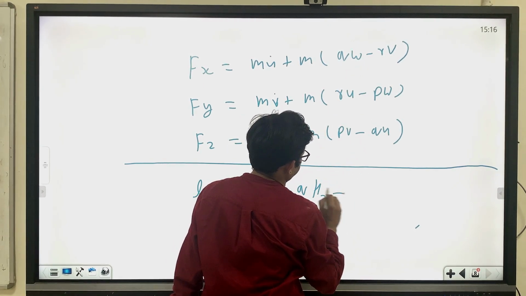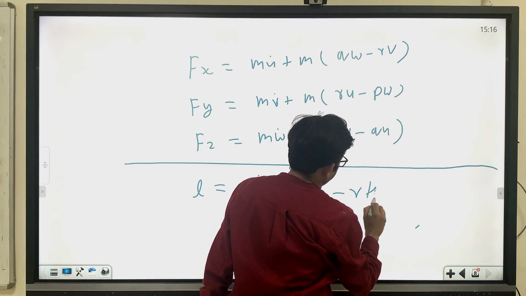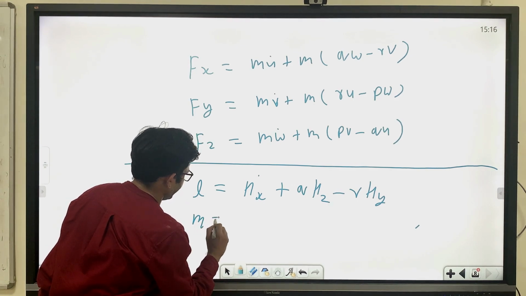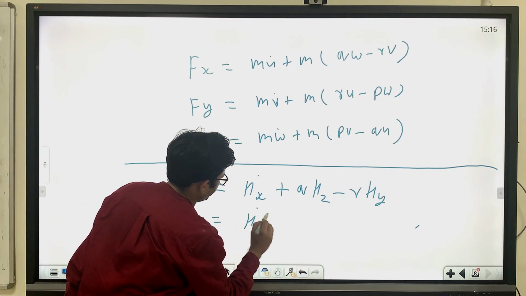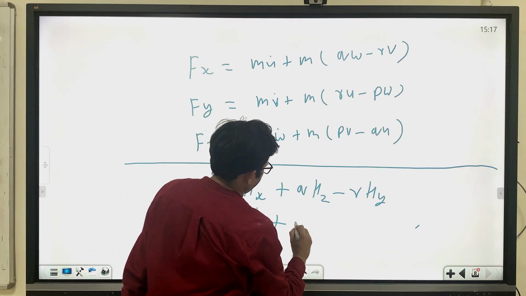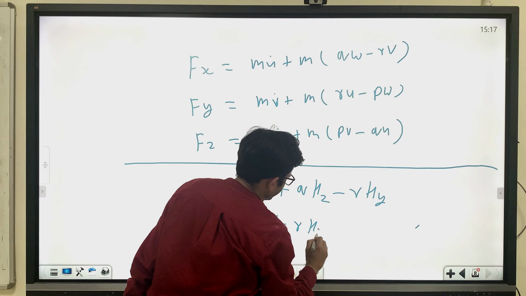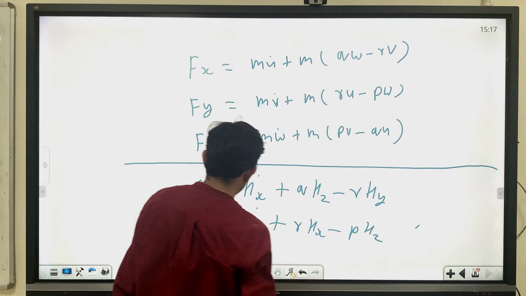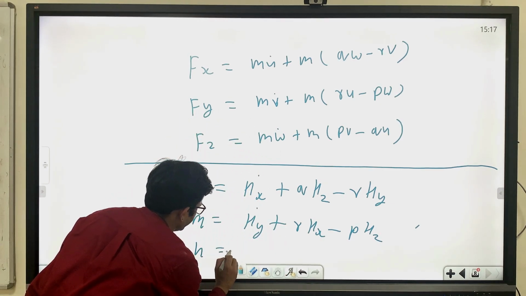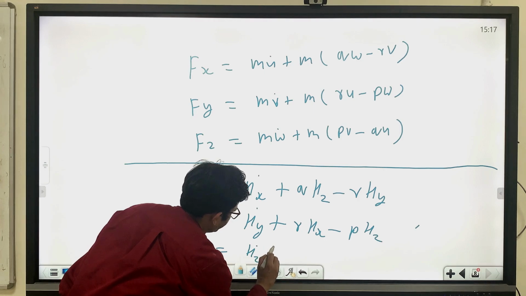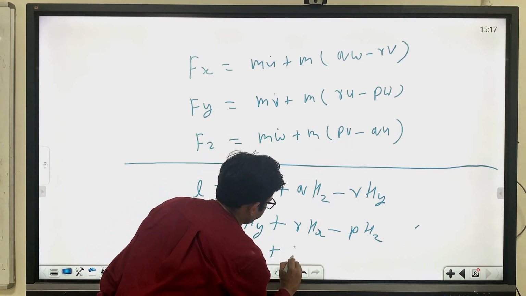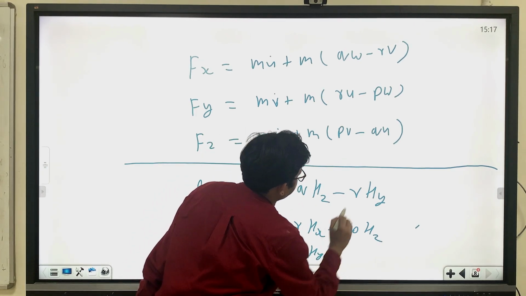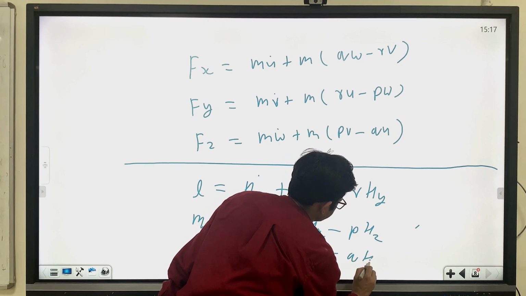So I will write Hz minus R Hy, and similarly you will write M as Hy dot, and this is R, this is U, that means Hx, and this is P, and this is Hz. And similarly yawing moment N, you will write Hz dot, and plus what is P? P is F, and this is Q, Hx.